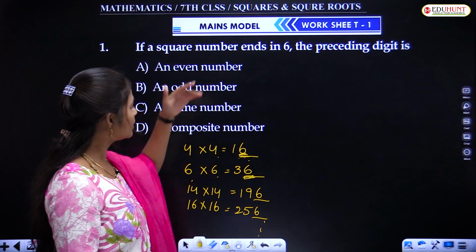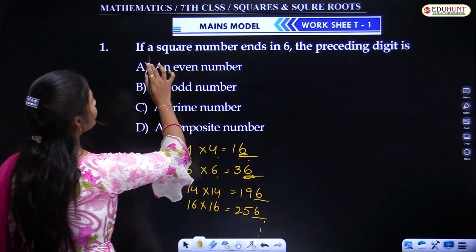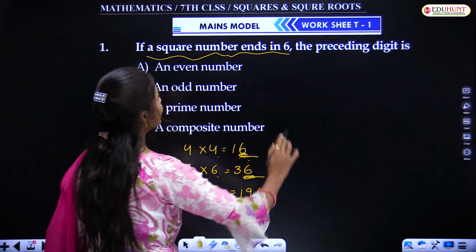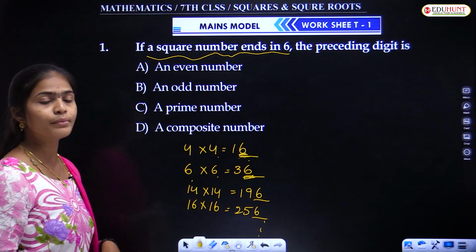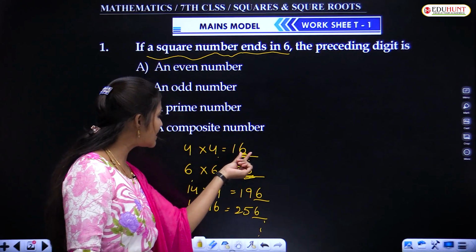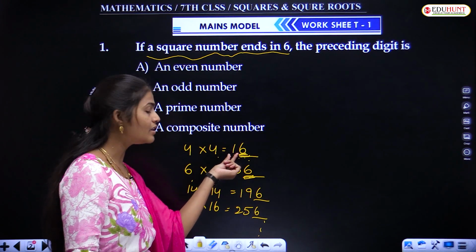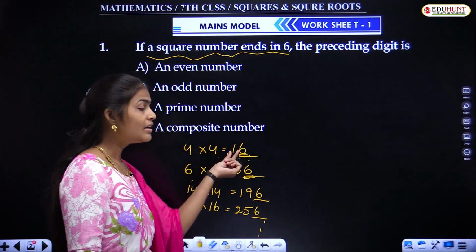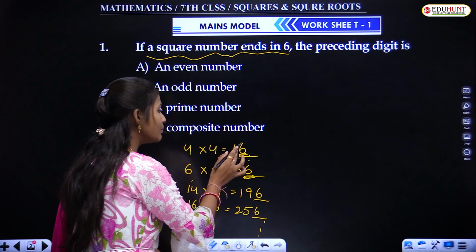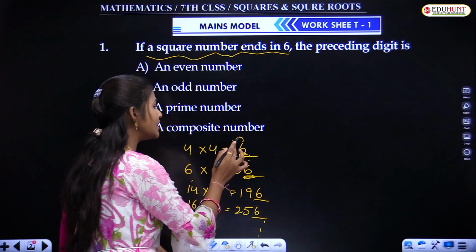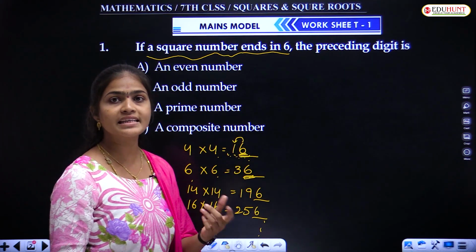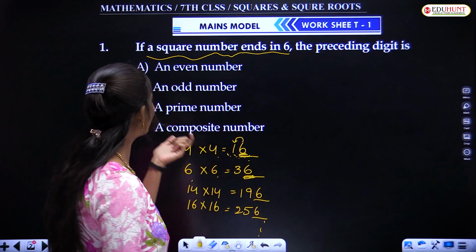Now come to the question. They are saying, if a square number ends in 6, what about its preceding digit? Preceding means just the digit before.